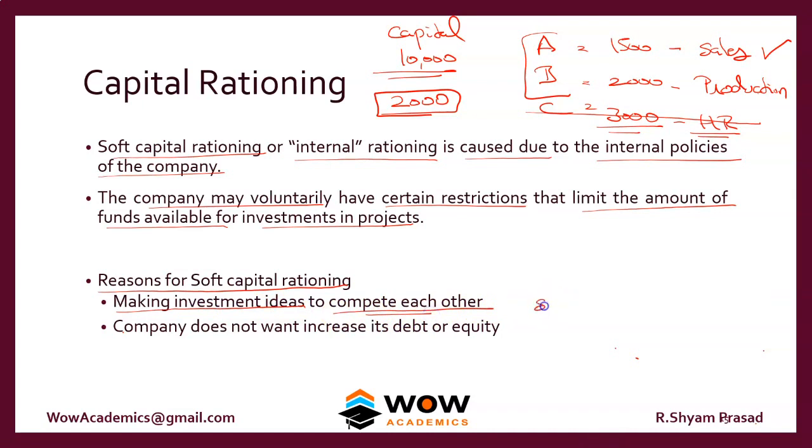The sales manager, production manager, and the HR manager have to compete with each other to produce the best investment proposal. Second, the company does not want to increase its debt or equity. So rather than trying to get the money from the market, they are restricting the capital they raise. These are the reasons for soft capital rationing.